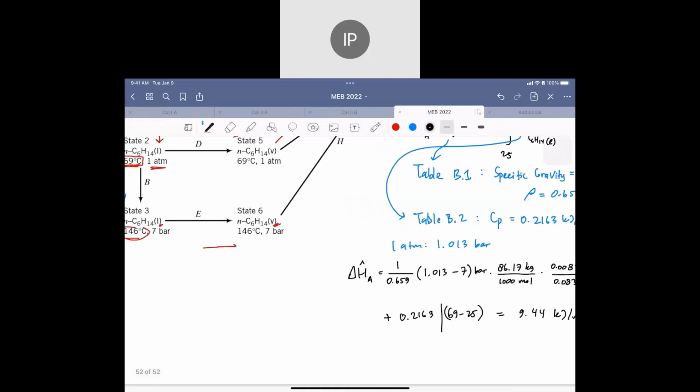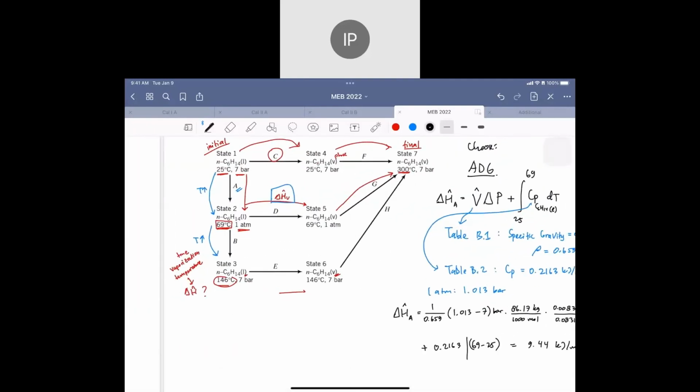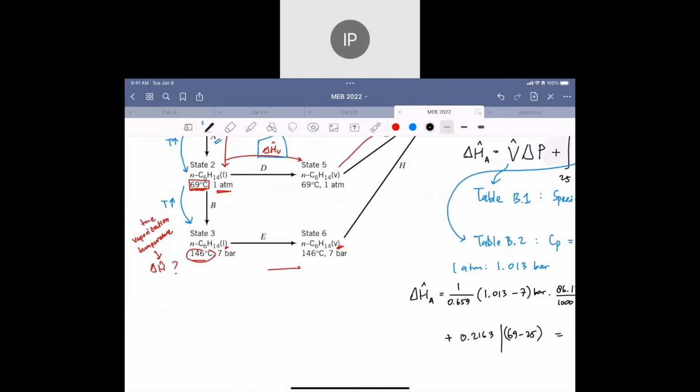Okay, the second one is D, that is our heat of vaporization. We just take this from the table. We get 28.85 kilojoule per mole. We already mentioned that.